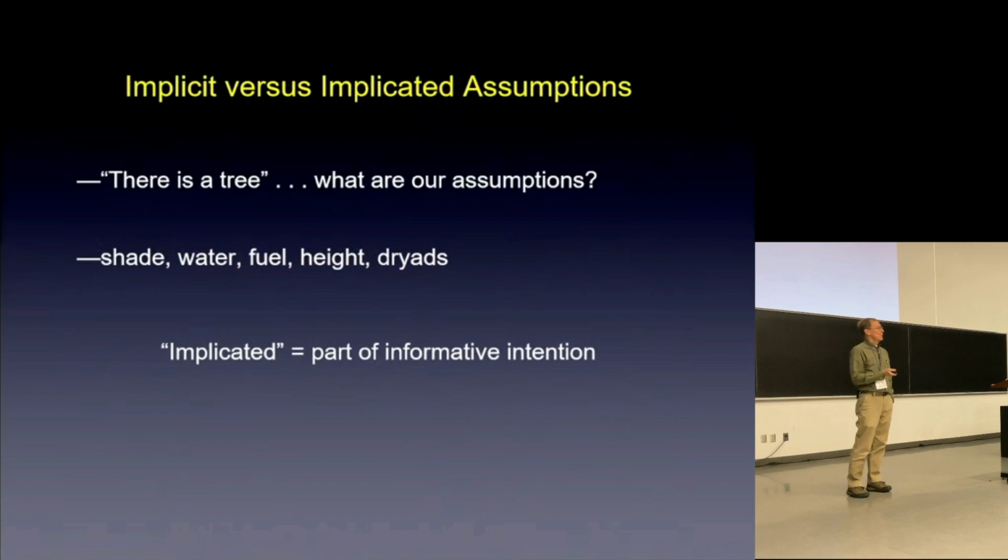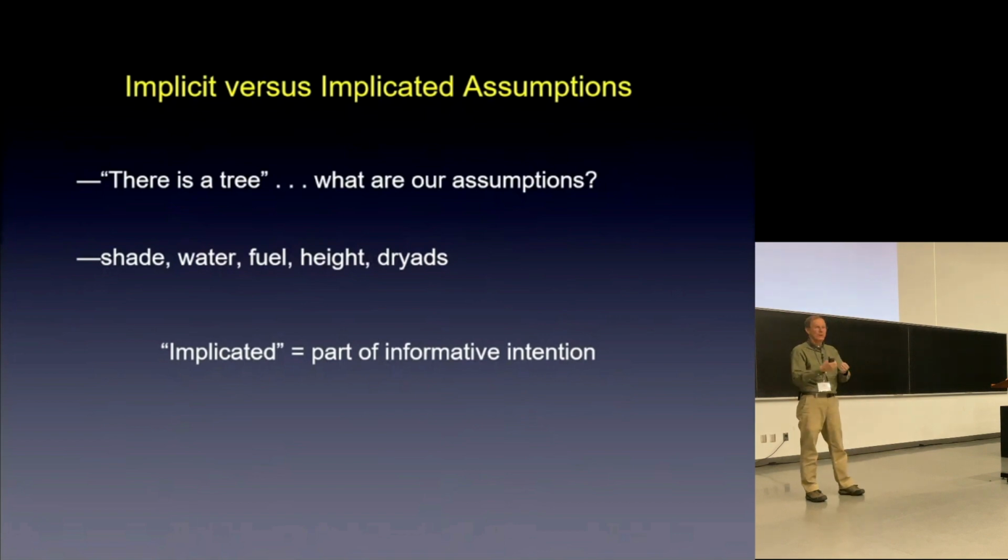One of the contributions of relevance theory that will be the focus of what I have to share today is the distinction that they draw between what is merely implicit in the cognitive environment and what is actually implicated, that is, brought into the communication act from the environment.